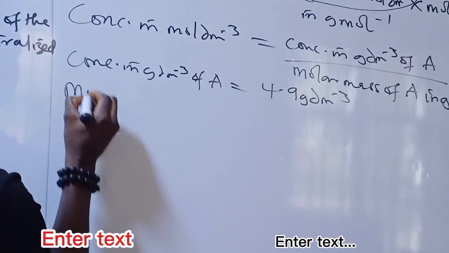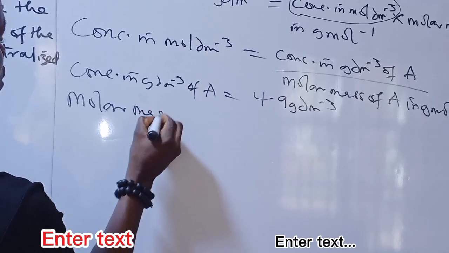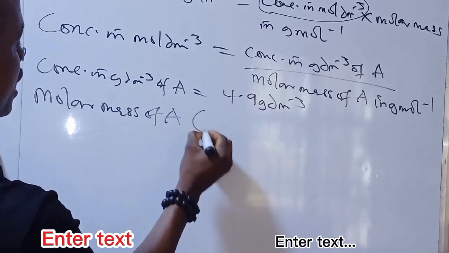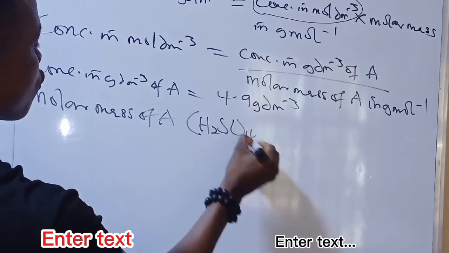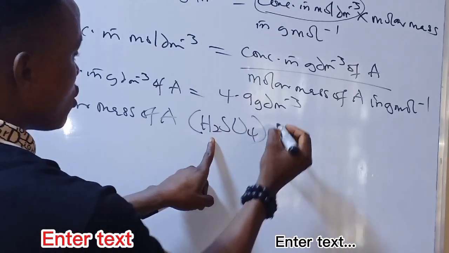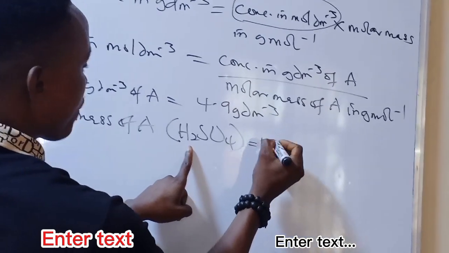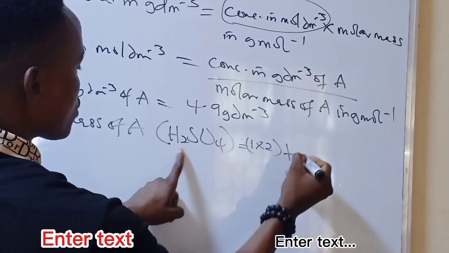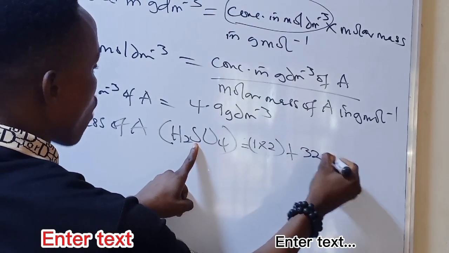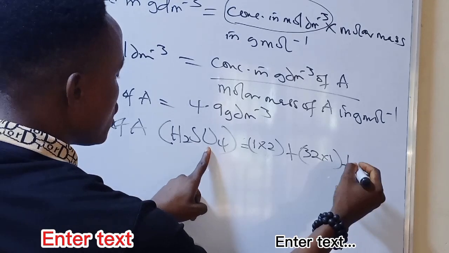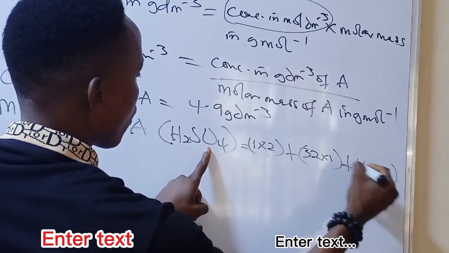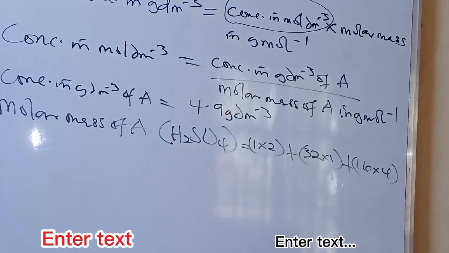Now, molar mass of A. What is A? A is H2SO4. Then this will be equal to: hydrogen is 1, so 1 times 2, plus sulfur is 32, 32 times 1, plus oxygen is 16, 16 times 4. Alright, go for our calculator.